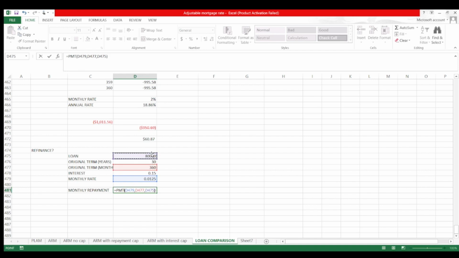With that, we close the brackets and press enter. So we can see the monthly repayment is 1,011.